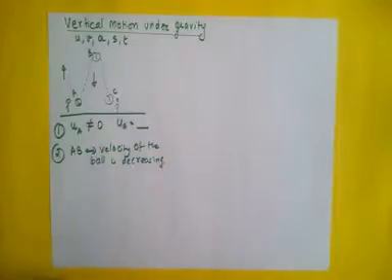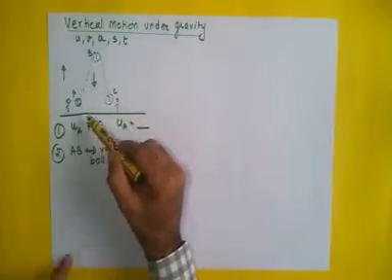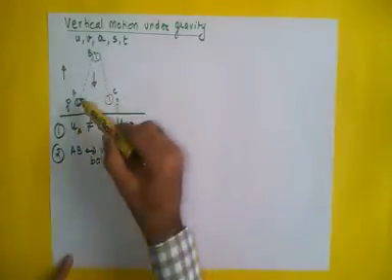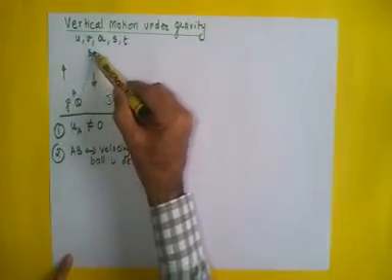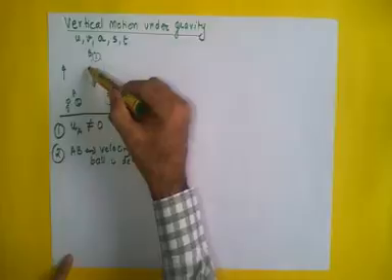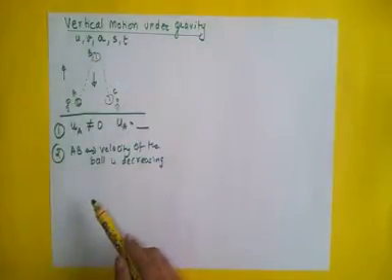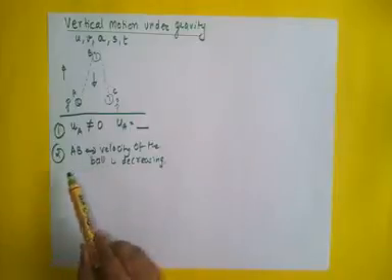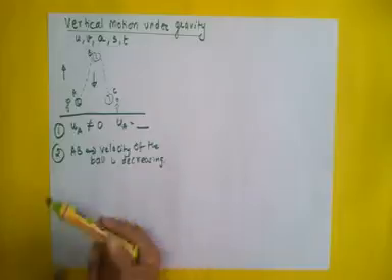As it starts going up, the gravitational force is applying a downward force on it and thereby reducing its velocity. And as you would have experienced, when it reaches its maximum height, because its velocity is decreasing, it stops over here and then starts coming down. So this is the second point that I want you to understand very clearly, that when the ball is going up, the velocity of the ball is decreasing.